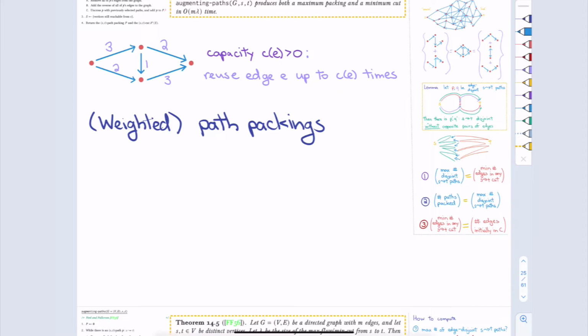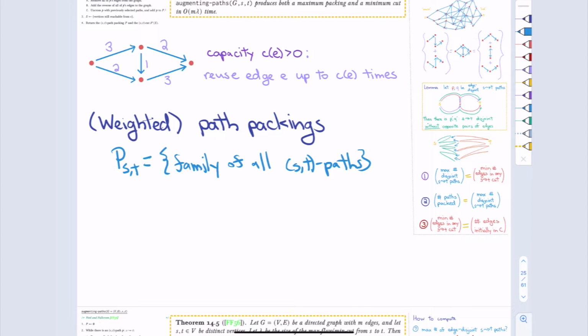So maybe I would write PST to be the family of all ST paths. This is just setting up some notation. This is an exponentially large family. That's okay. We're not necessarily writing out all the paths.